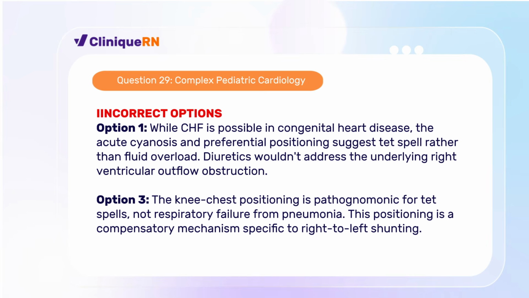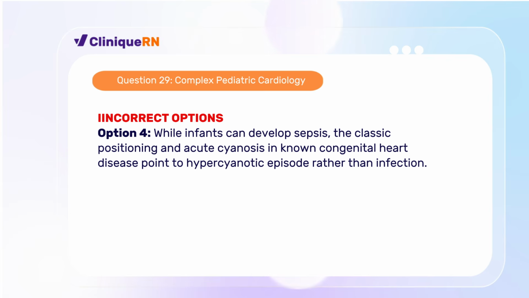The knee-chest positioning is pathognomonic for TET spells, not respiratory failure from pneumonia. This positioning is a compensatory mechanism specific to right-to-left shunting. Option 4. While infants can develop sepsis, the classic positioning and acute cyanosis in known congenital heart disease point to a hypercyanotic episode rather than infection.